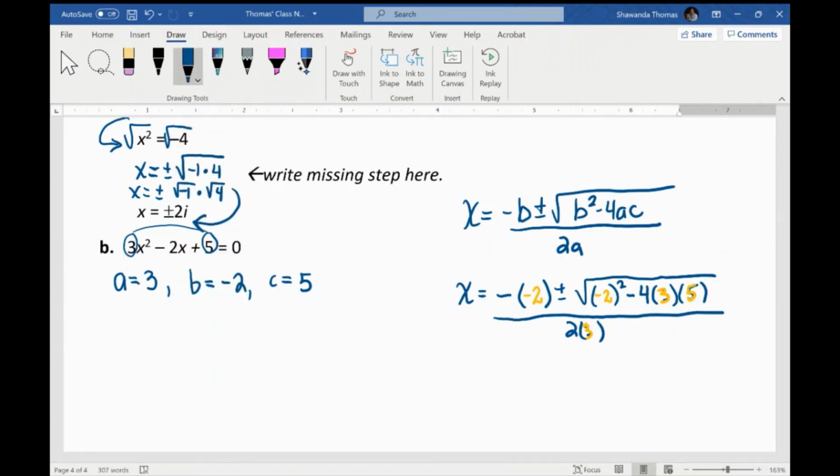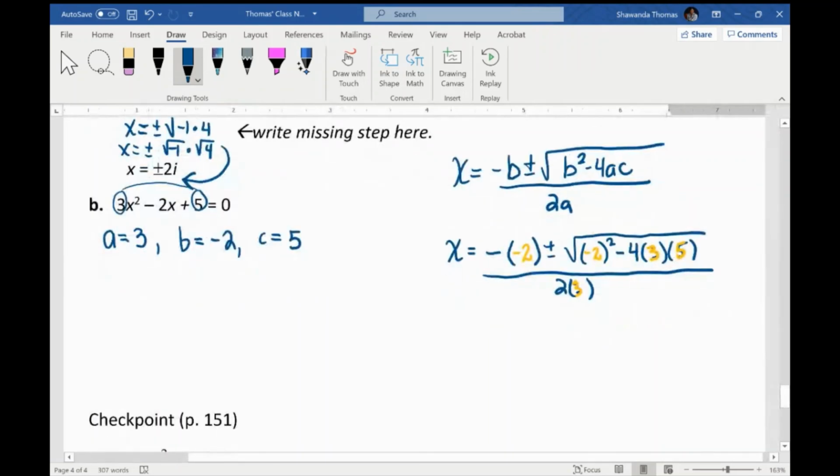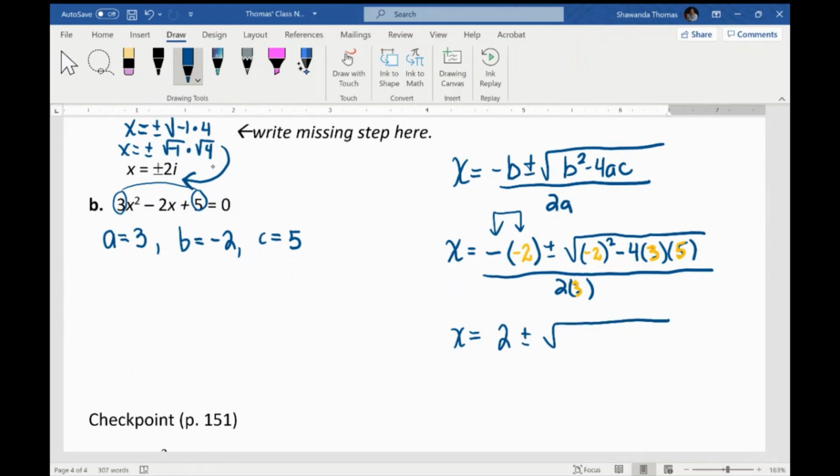All right, this is a step where I want you to simplify. So we have x equals, what is the negative of negative 2? Positive 2, plus or minus the square root of negative 2 squared, which is 4, minus what number? 4 times 3 times 5, which is 60.